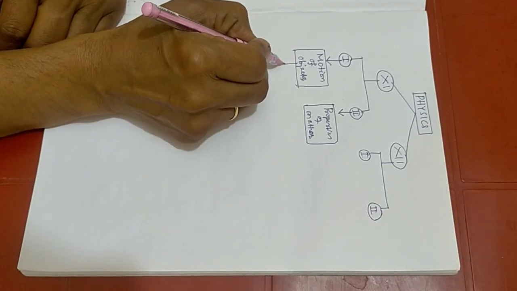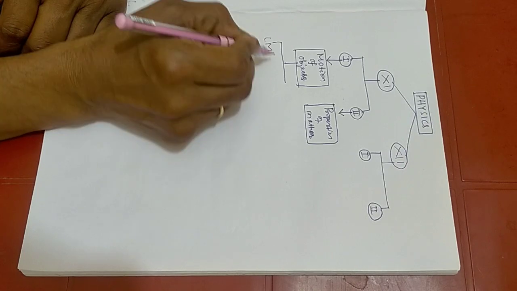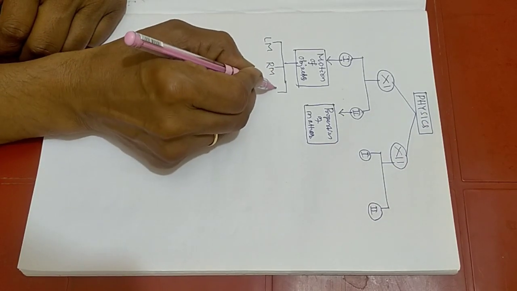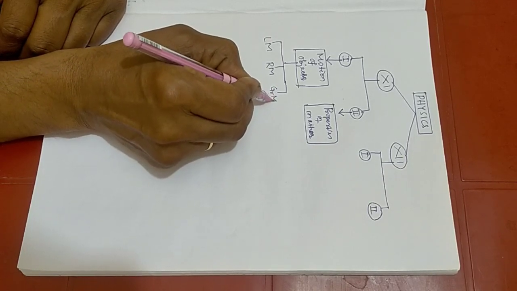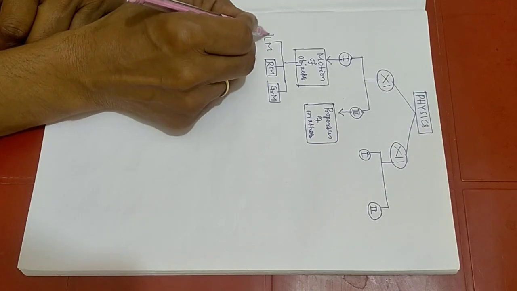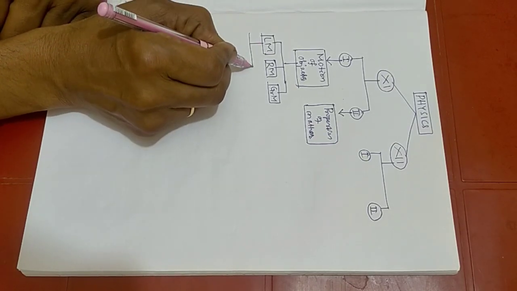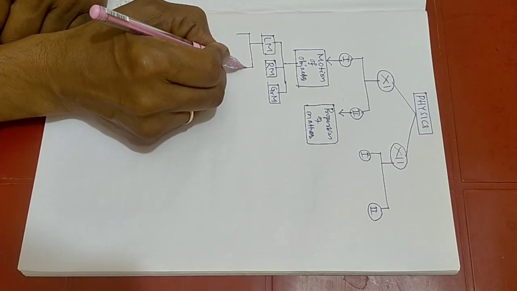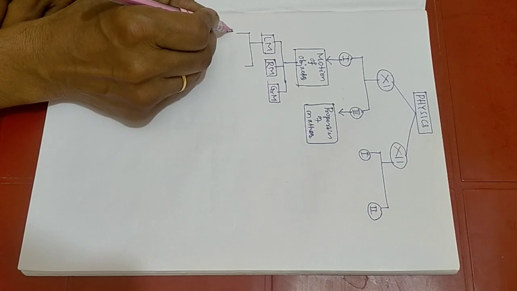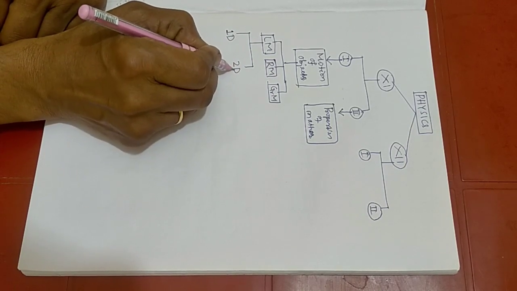This motion again will be of three types. One will be linear motion, another will be rotational motion, and third one will be gravitational motion. This linear motion again will be of two types. It may be one dimensional or two dimensional.